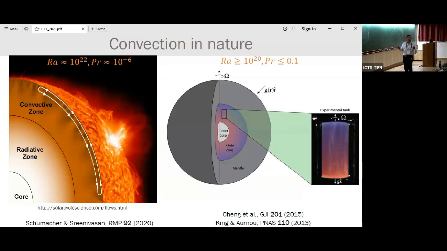Low Prandtl number convection is highly inertial and highly turbulent compared to high Prandtl number convection at the same operating Rayleigh numbers. So it's interesting and intriguing to simulate low Prandtl number convection and to analyze how its properties differ compared to convection at high and moderate Prandtl numbers.